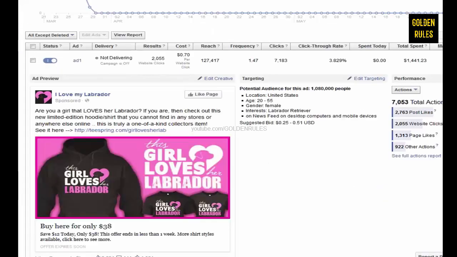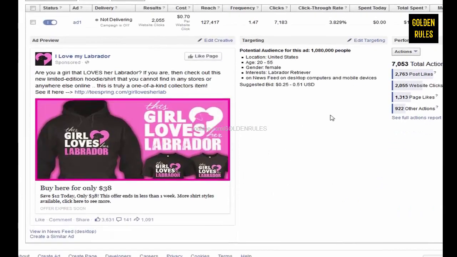Alright, so you can see that I did a CPC at 25 cents, 20 to 55 female Labrador Retriever, targeting 1 million people in this particular ad, but they're all about the same. A lot of comments, a lot of shares, a lot of likes. And that's the copy that I used, and I did a little fancy image there.